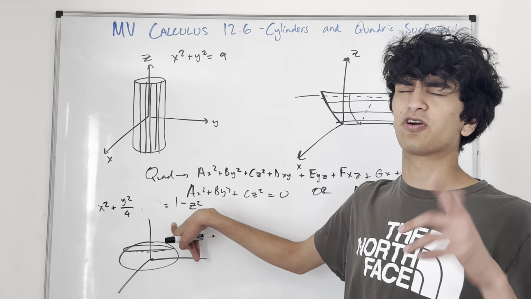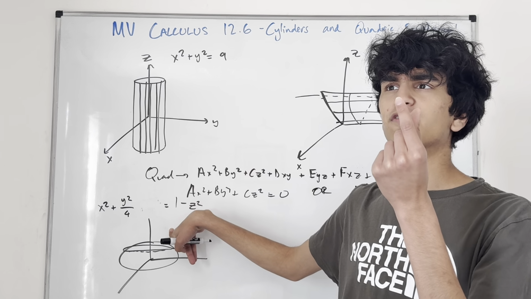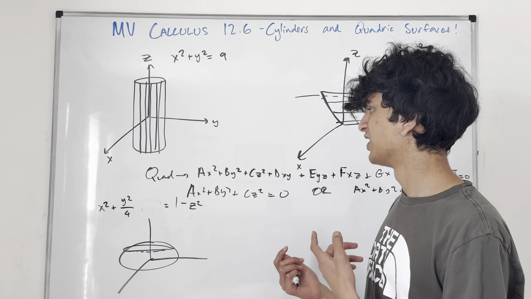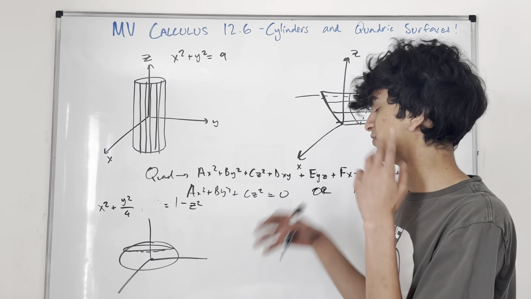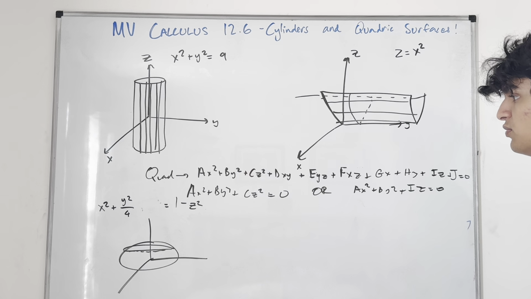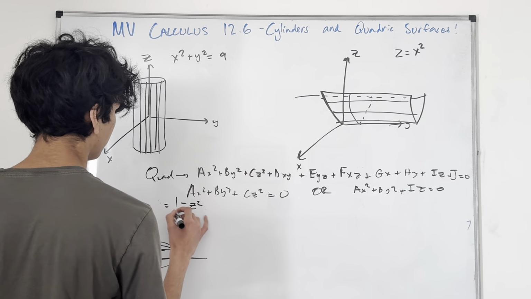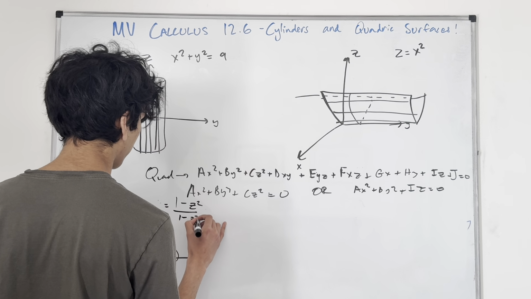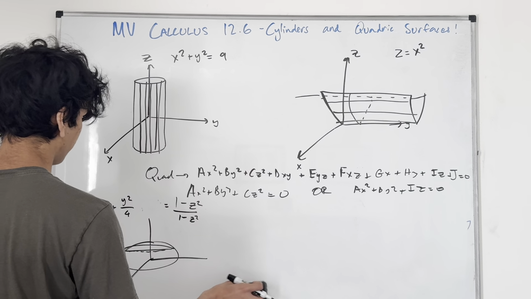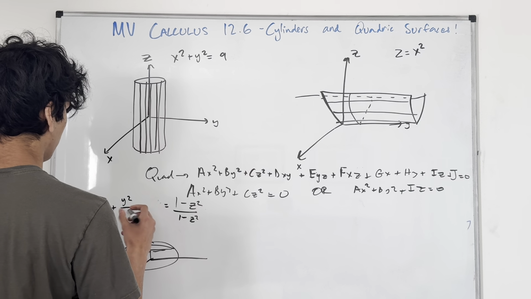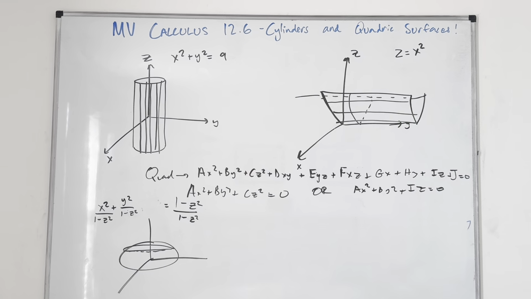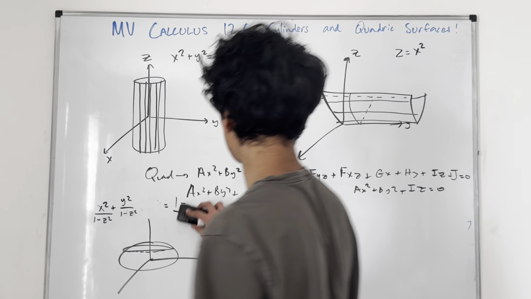And to get it into the x squared plus y squared equals 1 form, what I have to do is divide this by 1 minus z squared, right? So I essentially get this form, with 1 minus z squared. This is all going to equal 1.